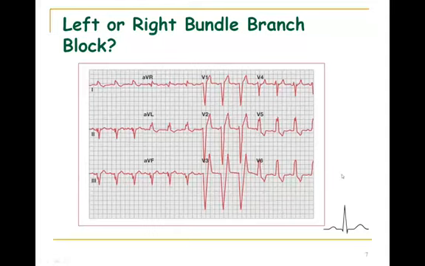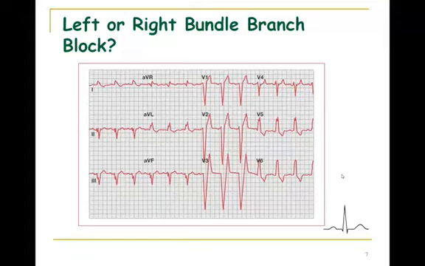V5 and V6 are located over the left ventricle, so this would be a left bundle branch block. If you saw bunny ears in V1 and V2, and V5 and V6 look perfectly fine, then you would say that's probably a right bundle branch block.